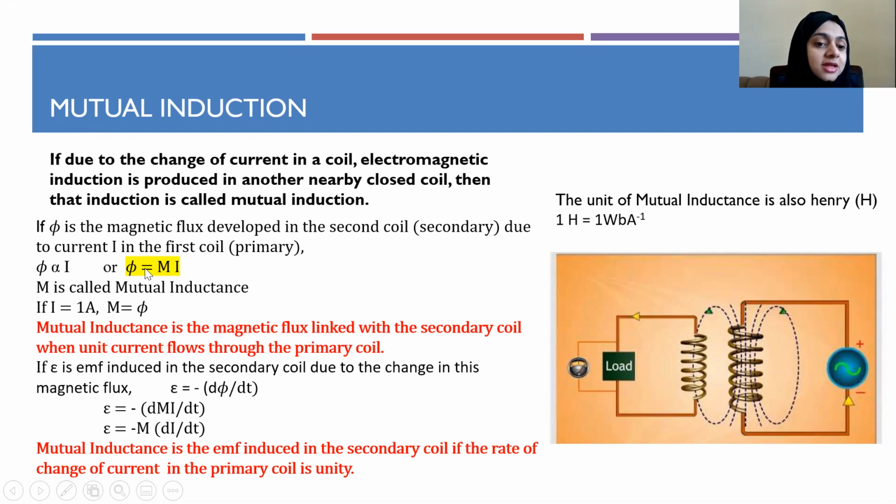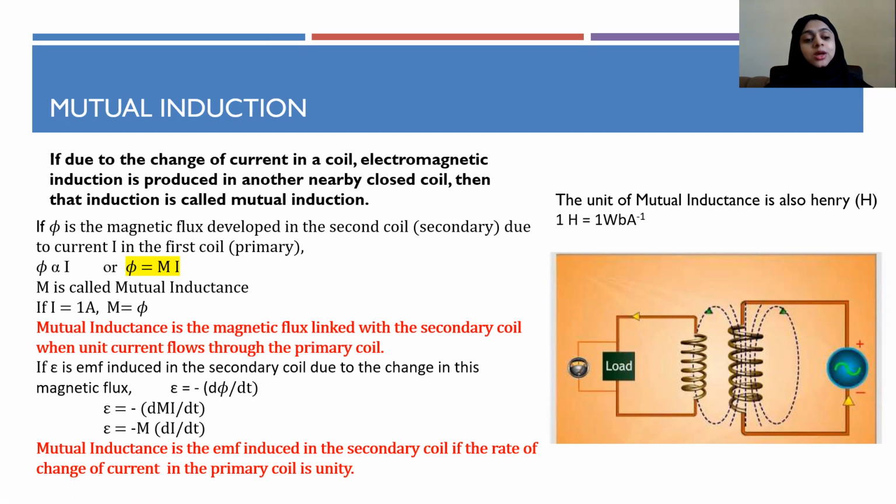Now again, in the similar way we defined L, self-inductance, we can define mutual inductance. So if I is equal to 1 ampere, M will be equal to 5. So if I is 1, M will be equal to 5. And from that, we can define mutual inductance as the magnetic flux linked with the secondary coil when unit current flows through the primary coil.